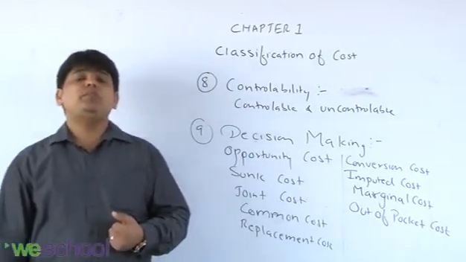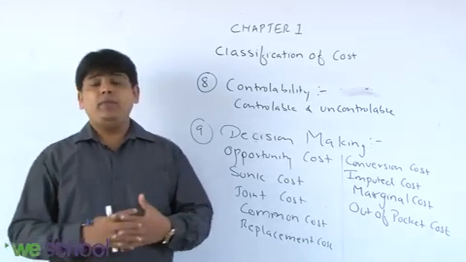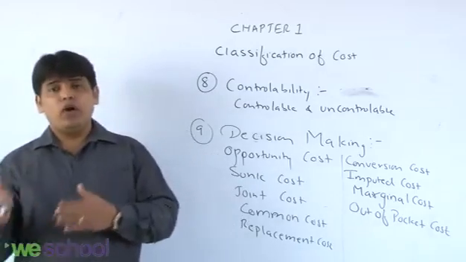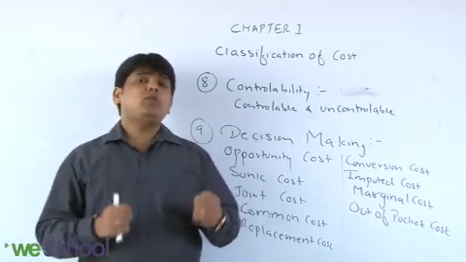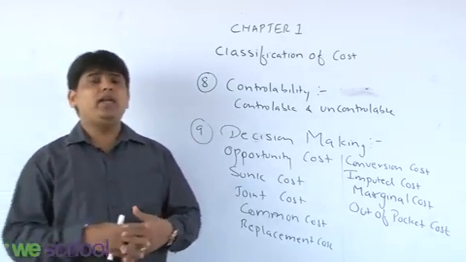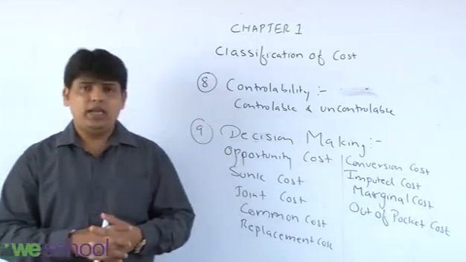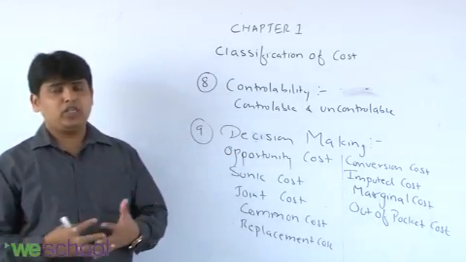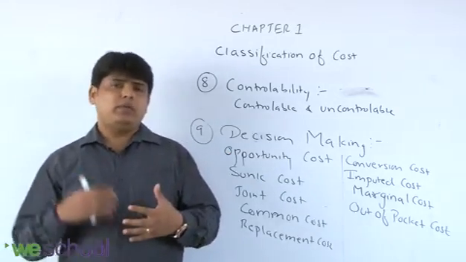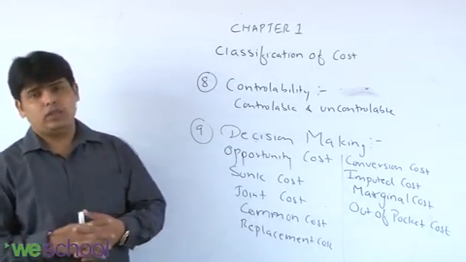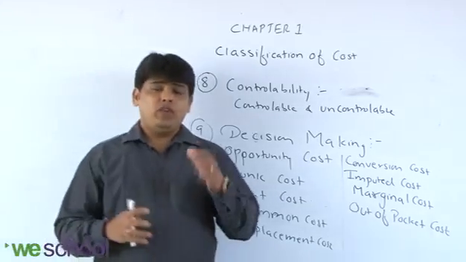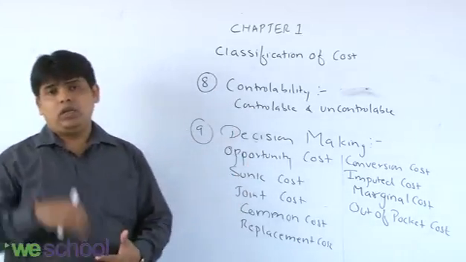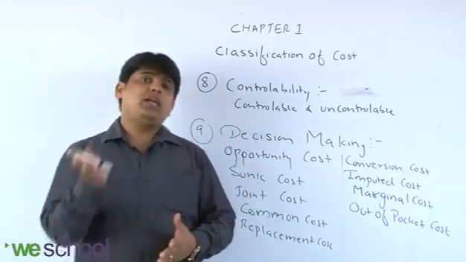Opportunity cost means, suppose I am talking about shifting my company from one place to another. I am currently operating at Thane, suppose. Thane's cost of rent and operation is suppose 50,000 per day. Now if I shift my whole business to Bhiwandi or Dombivli, the cost gets reduced.